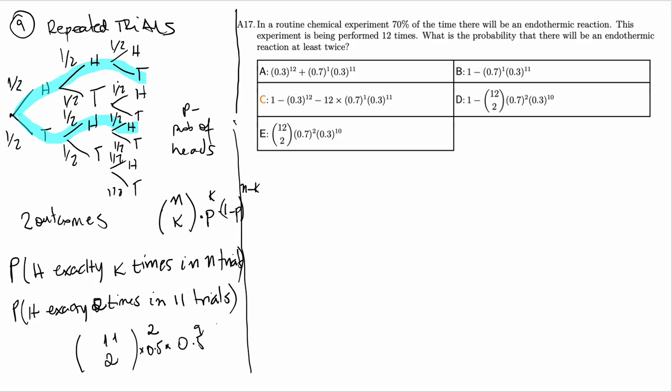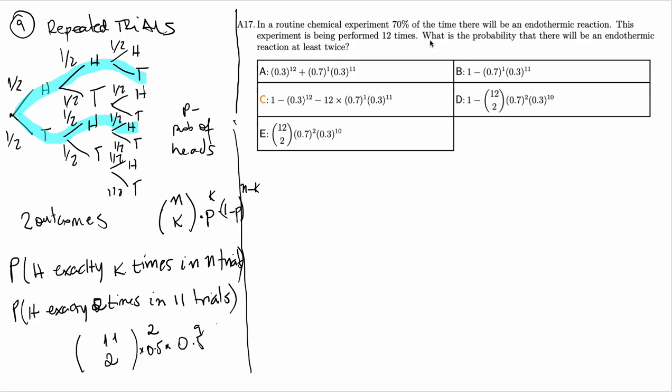Okay, so let's do this exercise here, so that we know how the questions about this are asked. So this is 2024 as well. In a routine chemical experiment, 70% of the time, there will be an endothermic reaction.